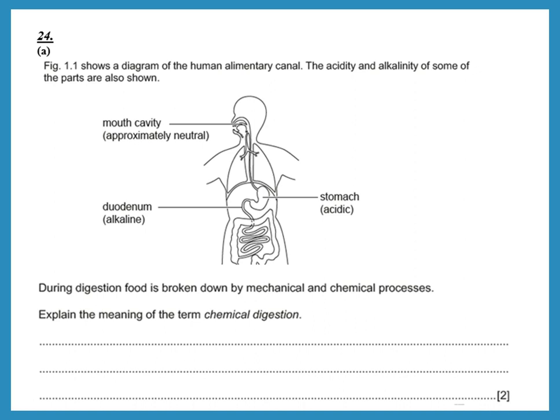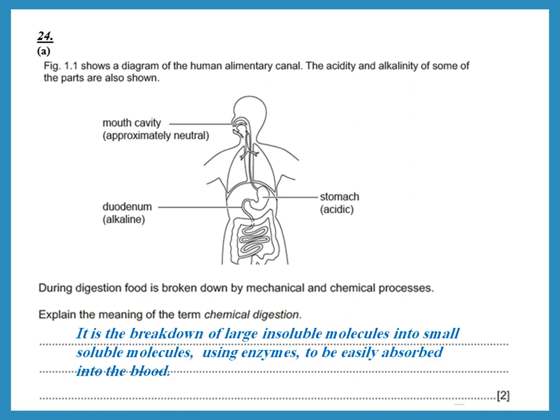Okay, what is meant by chemical digestion? We said it is the breakdown of large insoluble molecules into small soluble molecules. And we use enzymes to do that, and we do that in order to have molecules that are easily absorbed into the blood.